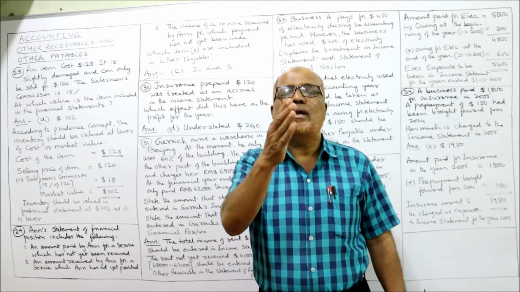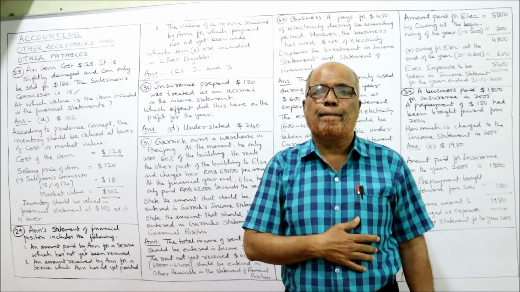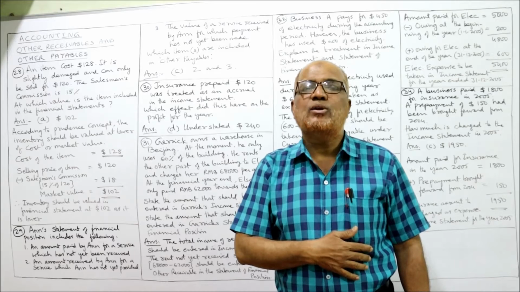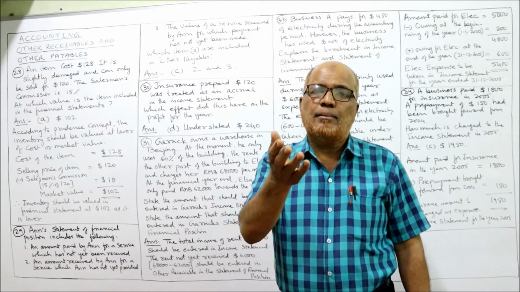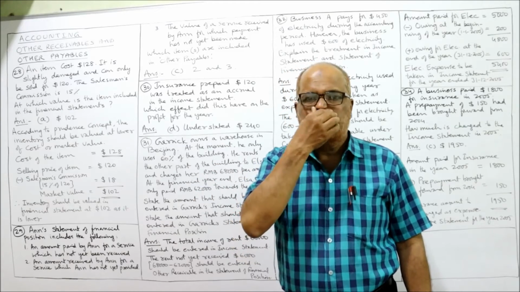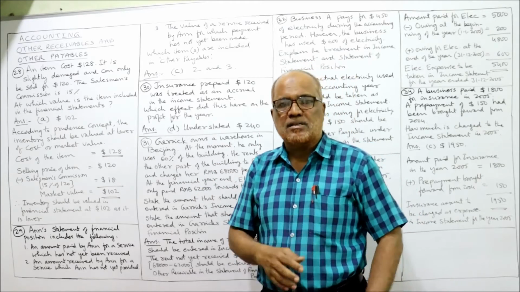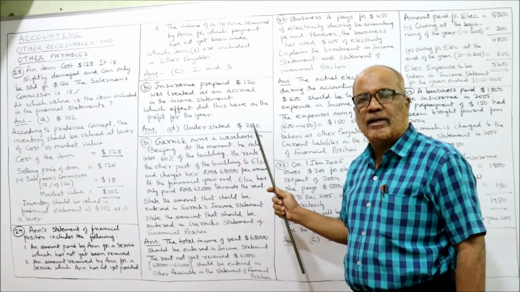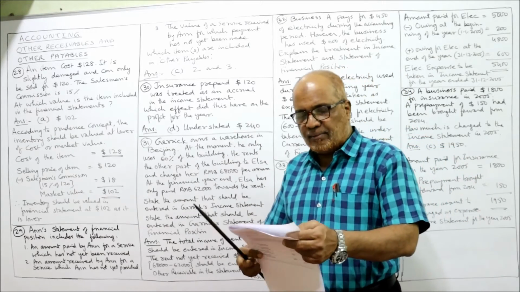So totally 120 plus 120, 240. The profit will be understated by 240 by taking the prepayment wrongly as accrual, as accrued. That's it. Next one is 31.